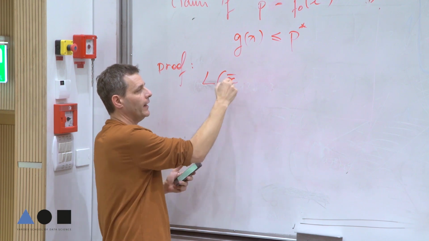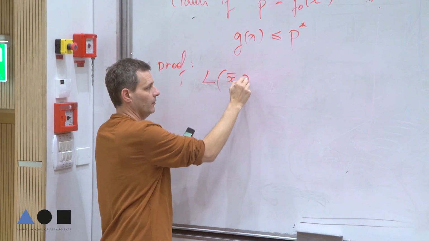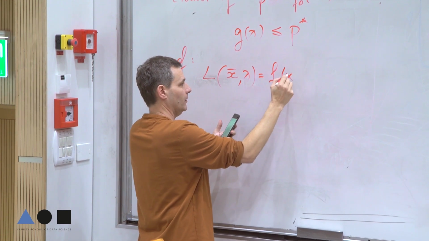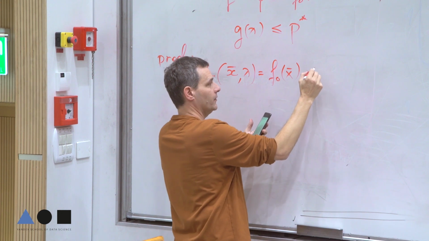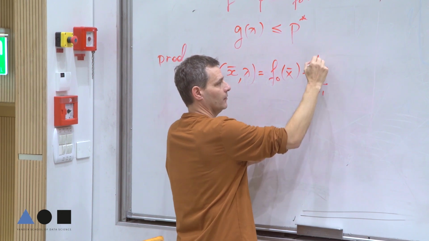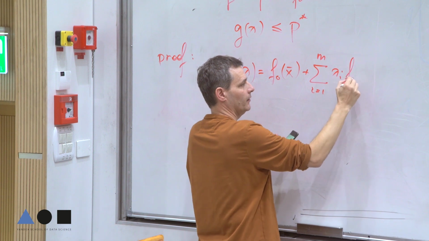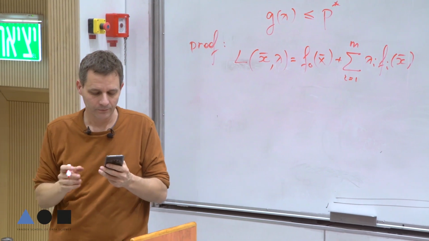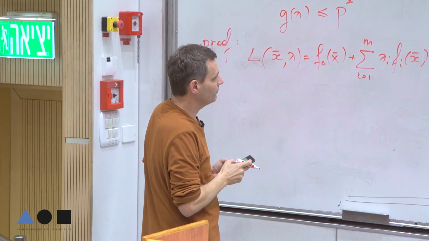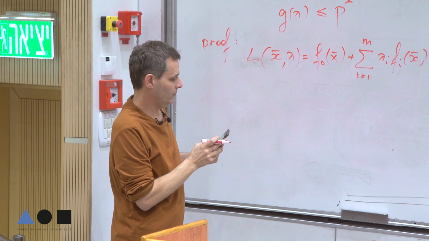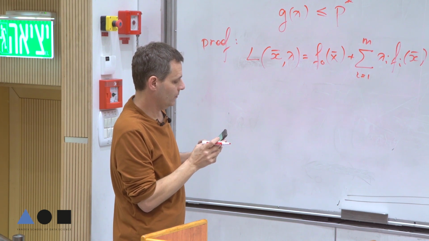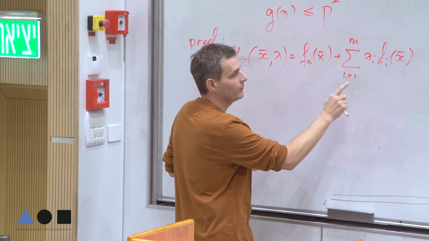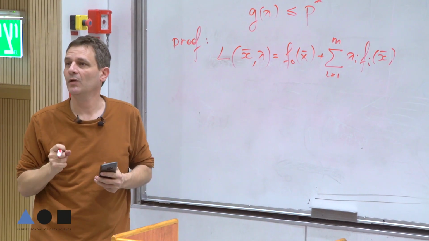Let's look at any x. And I remind you, this equals, by definition, this thing: the sum of lambda i f i of x bar, and x bar is just any x. Now, remember that x bar is any feasible x.